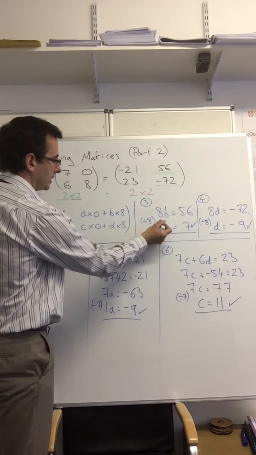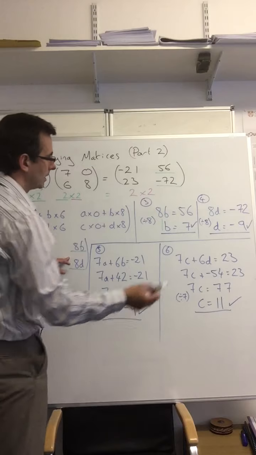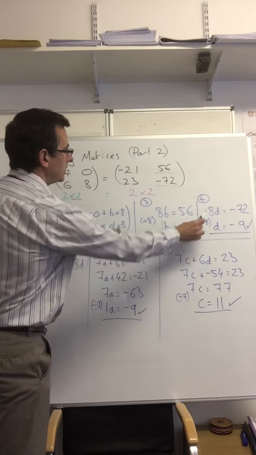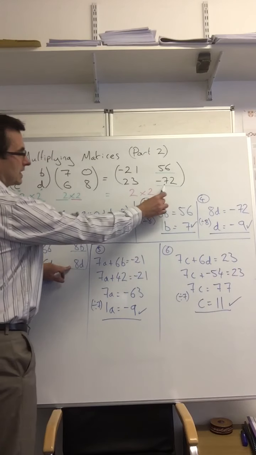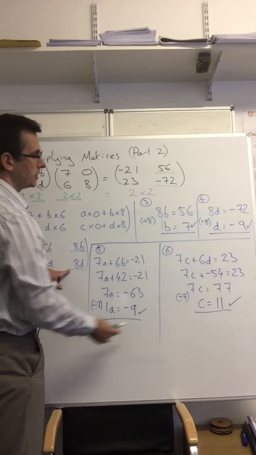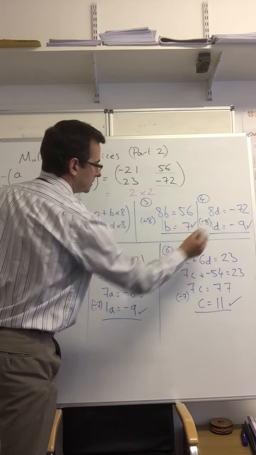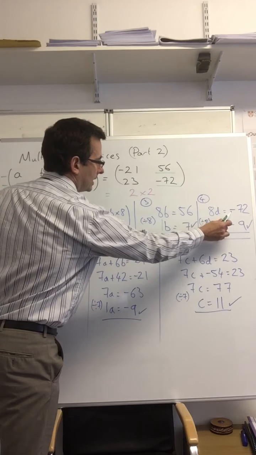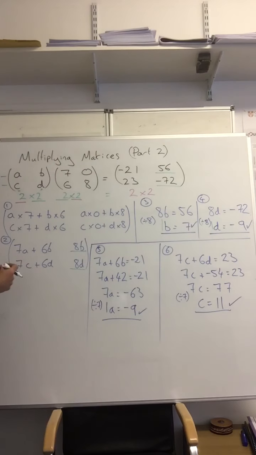We are dividing by 8 because I need to find 1B. So B is 7, which is correct. Then D, which is this element of the matrix. So 8D is equal to negative 72. So 1D, remember, divide by the number to get 1. So divide by 8, and D is negative 9.